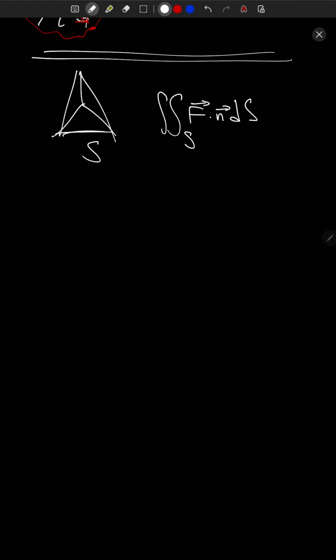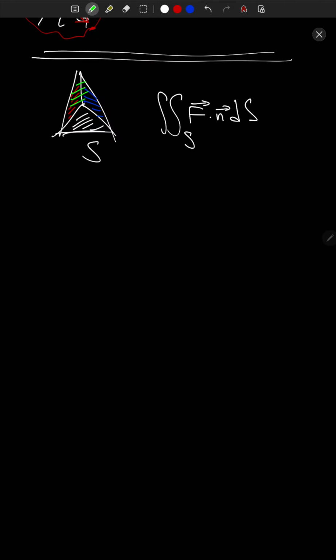To do the surface integral you'd have to break it up into 4 panels: the bottom panel, the panel on the left, the panel on the right, and the panel that's facing us. So this involves 4 surface integrals. And anytime you do a dS integral, you have to do a parameterization, calculate the Jacobian and so on. So a bit of a pain, right?